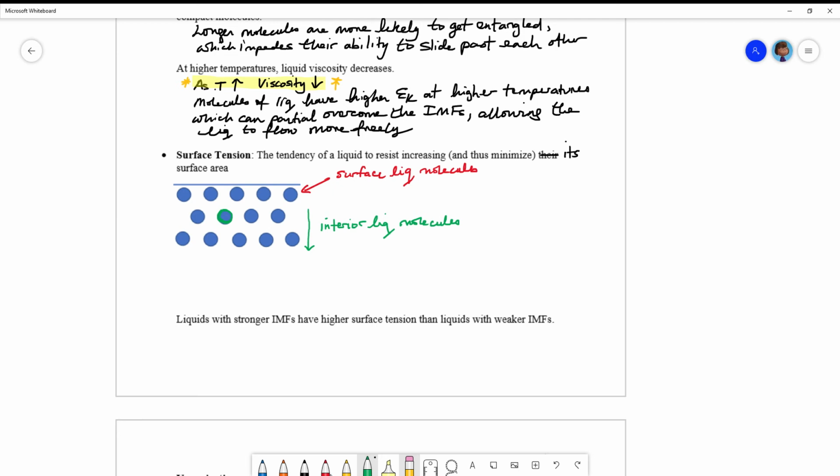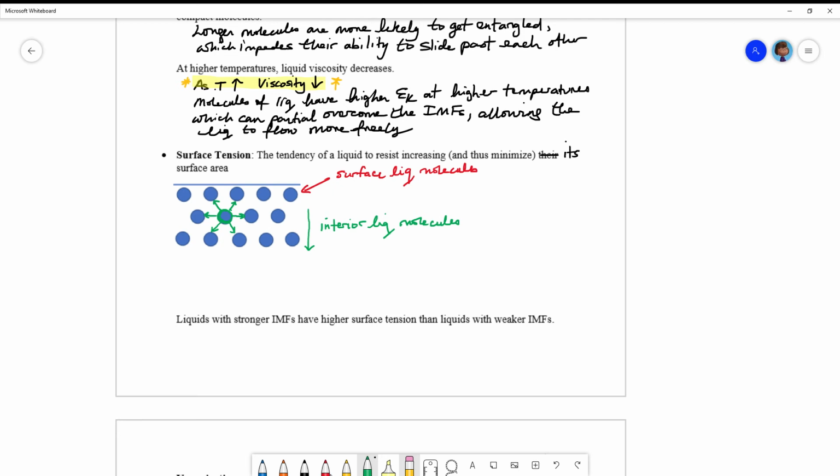In other words, there's going to be an IMF interaction between this molecule and this molecule and this molecule and this molecule and this molecule. And so it is essentially experiencing these intermolecular force interactions in all directions all around it, which is very stabilizing.